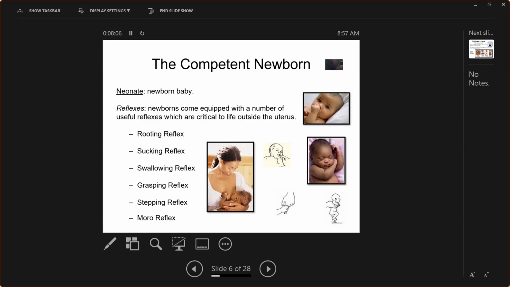They'll move their legs almost like they're trying to walk, even though they're long before the ability to do so. And they have startle and Moro reflexes where they fan out their hands when they're scared, fan out their toes. There are all these little reflexes that babies come equipped with that help them to survive. And some of them aren't as adaptive as others, like the ones at the bottom, but they continue to be things that we see that babies do possess.